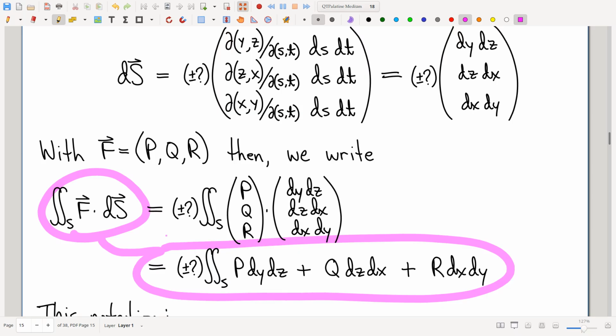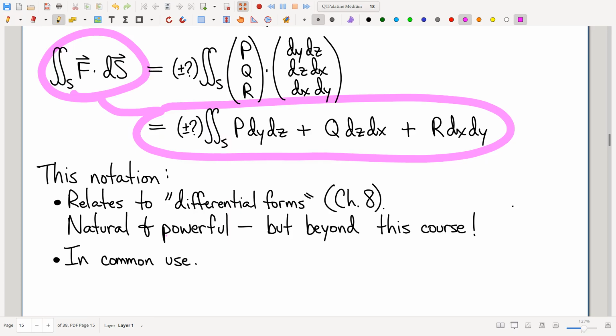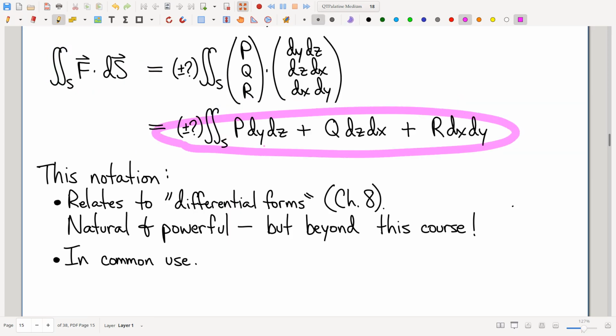Okay, why, and who cares? Well, we care because this notation, oh gosh, this little speech is a lot like the one I already gave for coordinate line integrals. It comes out of differential forms. It's very powerful. It's ultimately very natural. This is how you prove various significant, important theorems. This is no joke, a big deal, very useful.